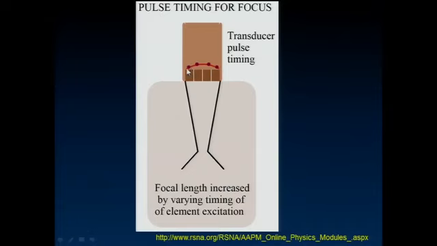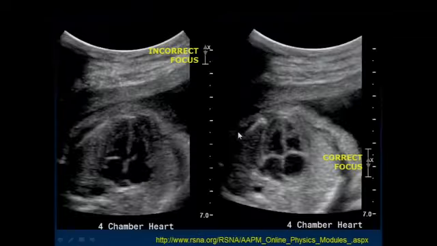So by adjusting the pulse timing, we can get the ultrasound to focus to its best lateral resolution at a particular depth. And in fact, you guys are familiar with this, because you've got this little depth of focus indicator on the side of your ultrasound image, and you've noticed that if it isn't at the proper location, you get a much poorer quality image than when you put it at the appropriate depth.